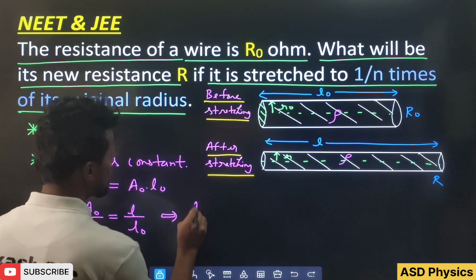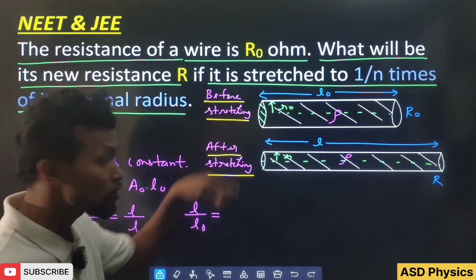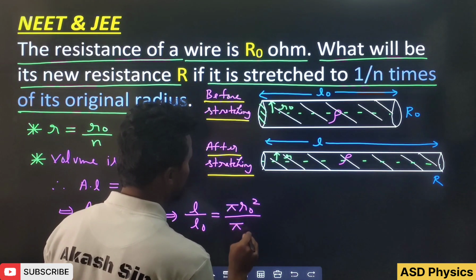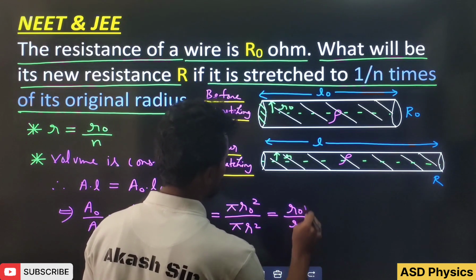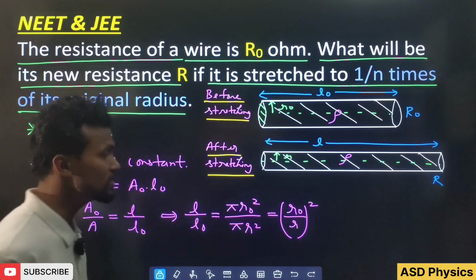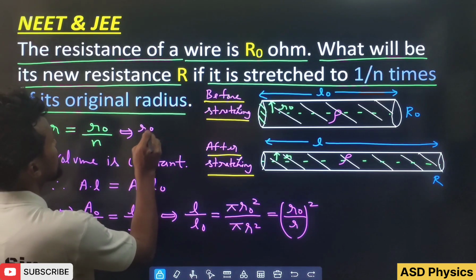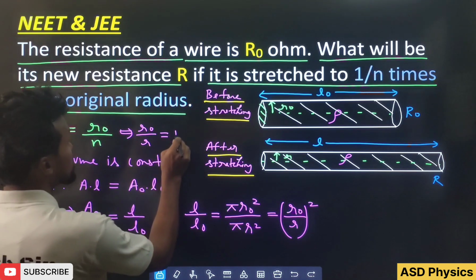Or we can tell here this L by L naught is given, and for A naught, it is a circular cross section. So we can write pi R naught square by pi R square. Okay, so we can tell this is R naught by R whole square. Now tell me, this R naught by R, how much is there? If you see from here, this R naught by R value, students, it will be n.